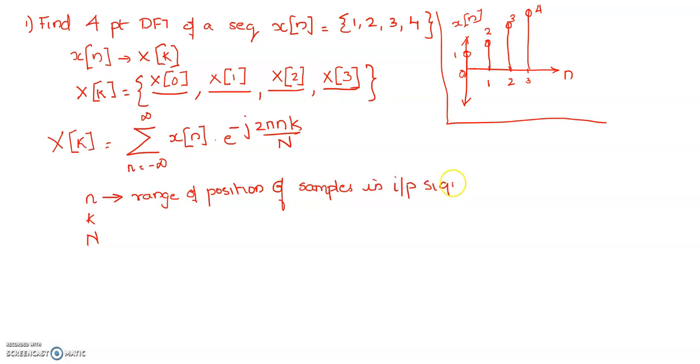I repeat, n typically denotes the range of the position of samples in the input signal. K represents the range of positions of samples in the output signal, or the x of k. Here meaning x of n and here meaning x of k.